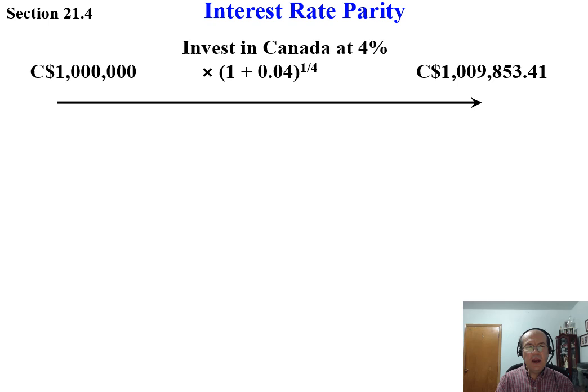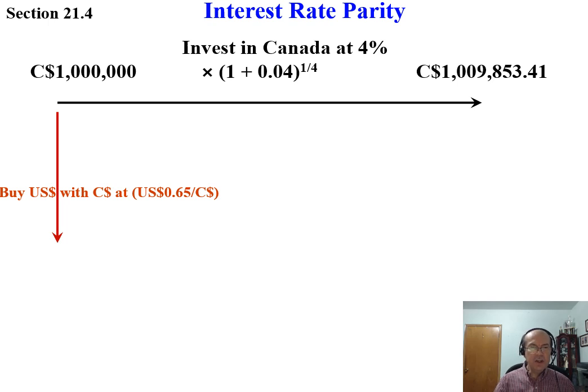Suppose we exchange Canadian dollars at the spot exchange rate into US dollars. So we will buy US dollars with our Canadian dollars, and we have to use the spot exchange rate, which says that it takes 0.65 US dollars in order to buy 1 Canadian dollar.